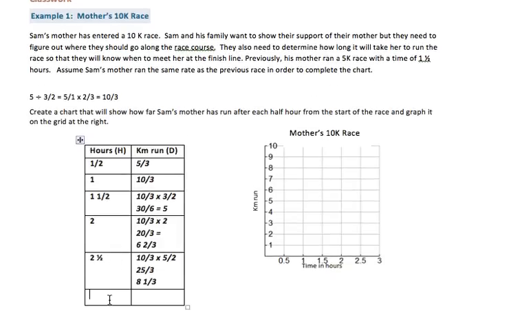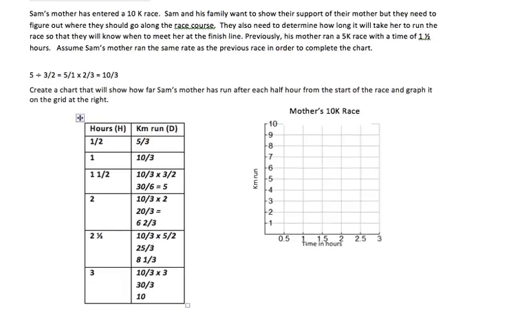And finally, at the 3 hour mark, she'll be at 10/3 times 3, which would be 30/3, and simplified is the 10K mark. So that will be the end of her race at the 3 hour point.